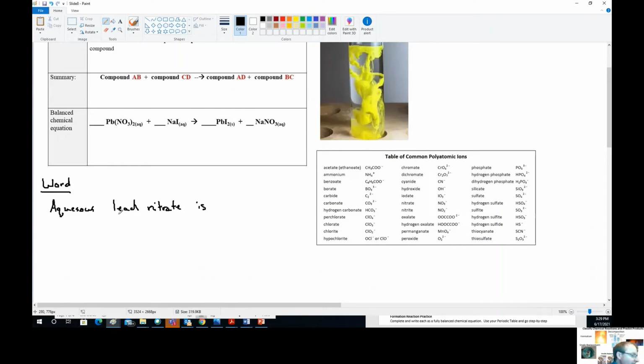Let me take a look at my periodic table. Make sure you find lead. Yeah, it's number 82. This would be lead 2, but we don't have to say it's the most common form of lead. So lead nitrate is poured, and obviously poured gently, into aqueous, so in other words, a solution, sodium iodide.